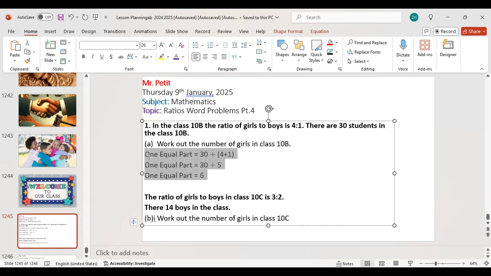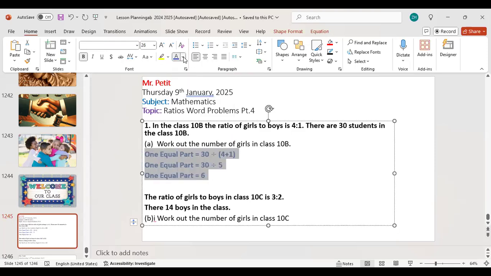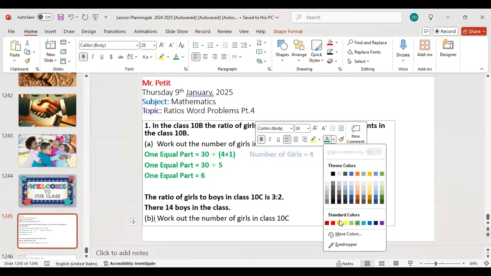That's how we figure out what one equal part is. But are we done with this question? No, sir, you have to find the number of girls. The number of girls is 24. How did you get 24? Multiply 6 by 4. Why are we multiplying by 4? Because 4 is the ratio of girls. Yes, 4 is the number that represents the number of equal parts for girls.